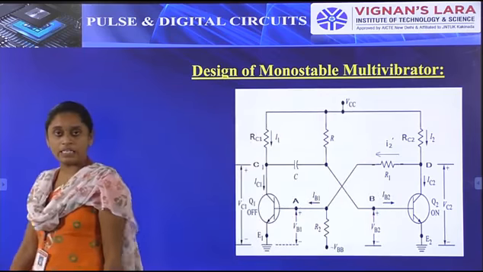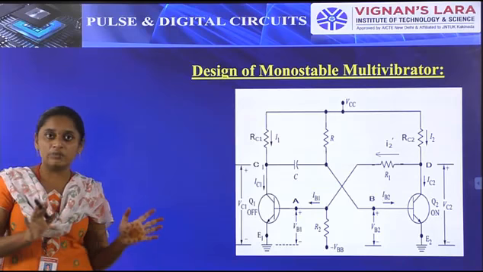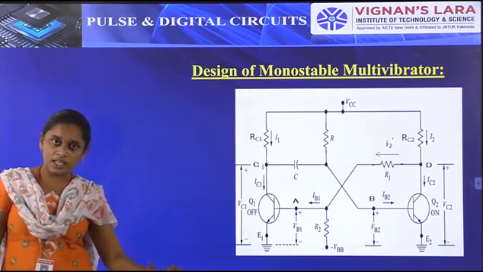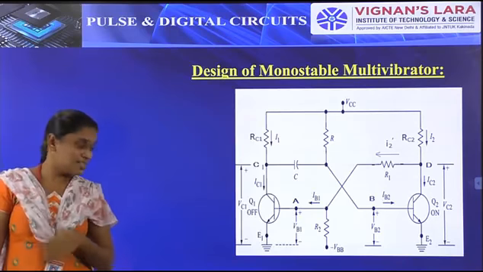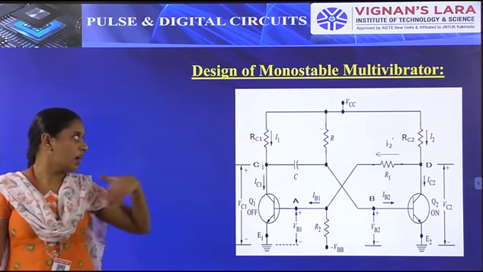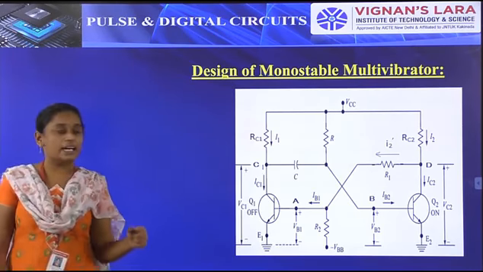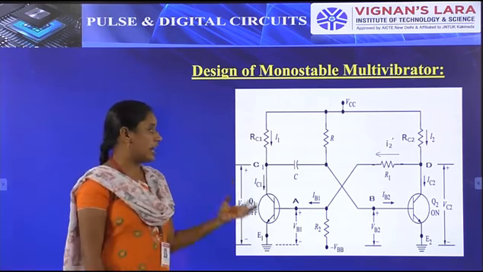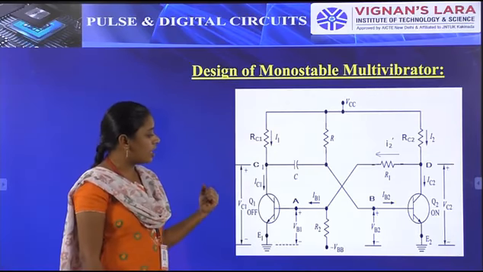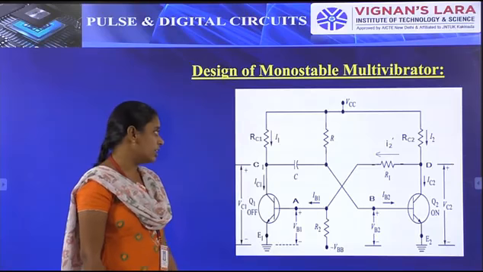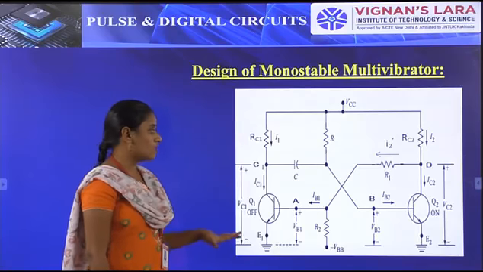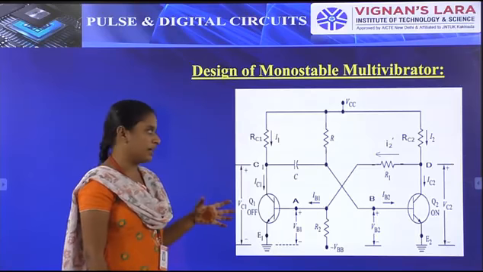They give the VCC, HFE and RC values in this problem. From this we have to find what RC1 and RC2 are, what R1 and R2 are, and we have to find the capacitor value also.